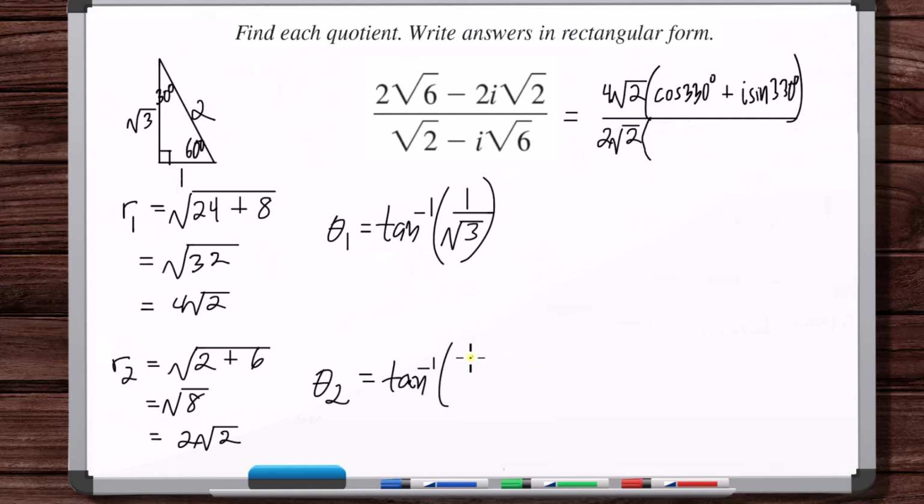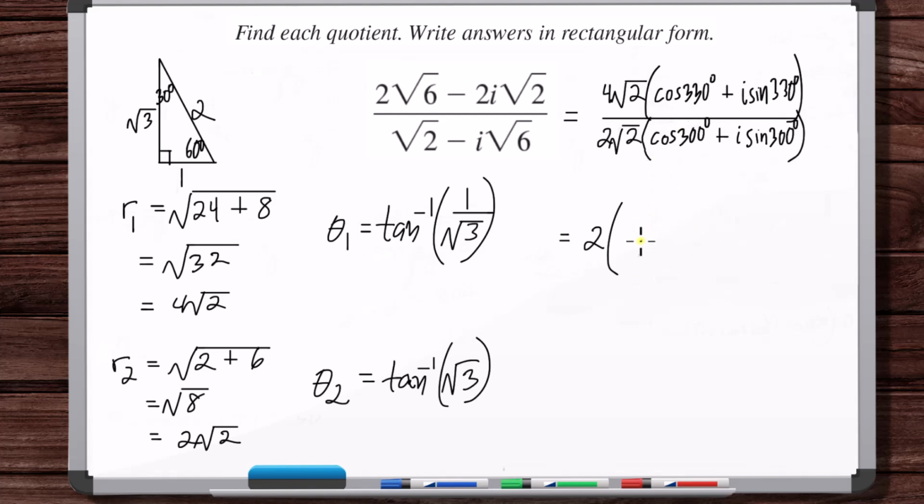Now in the denominator, root 6 over 2, that's going to be just root 3. But this is in the fourth quadrant as well. Tangent of 60 is root 3 over 1. So in the fourth quadrant, reference angle 60 is 300 degrees. So we've got 4 root 2 divided by 2 root 2 is just 2.